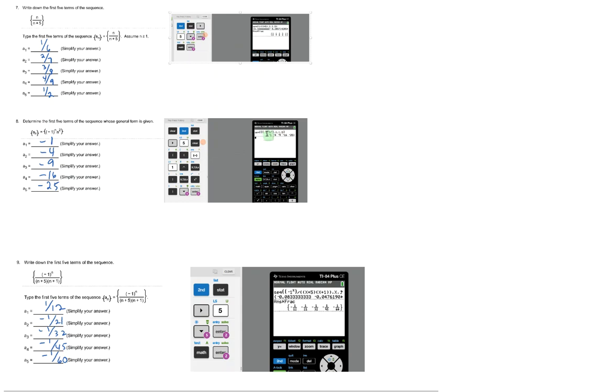We're going to do -1 to the x, close, times x squared, close, because that's the whole function. It needs to be in parentheses because it's kind of complicated. And then comma x, comma 1, comma 5, hit enter, and you get your numbers, and they're not decimals, and we're good for that one.